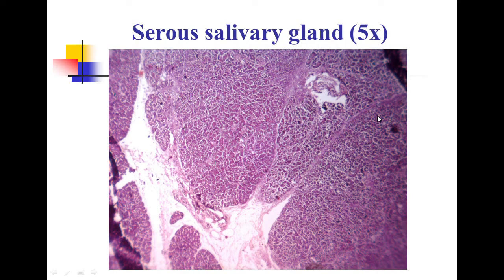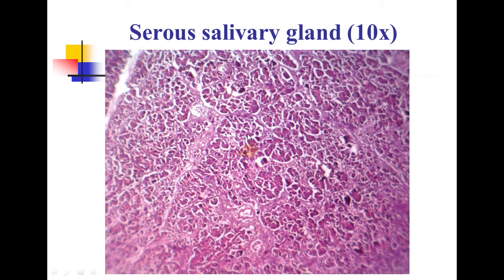Now this is the photograph of the slide, and this is 5x magnification. So here this is the serous salivary gland under 5x magnification. Here you cannot identify the acini, but in 10x magnification you can clearly see these are darkly stained acini.